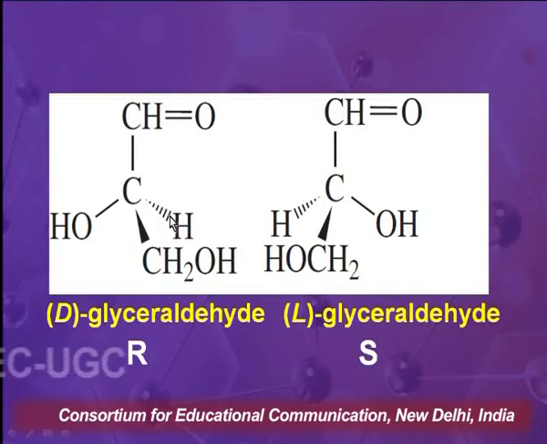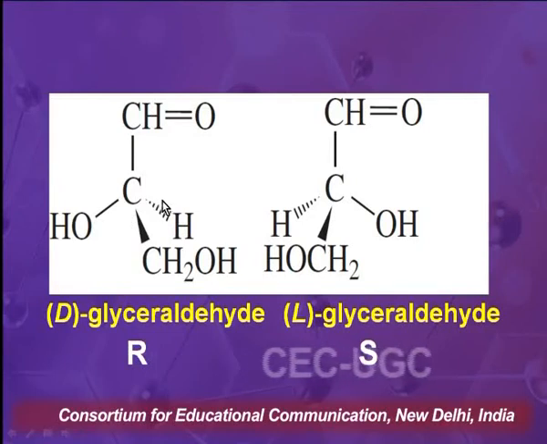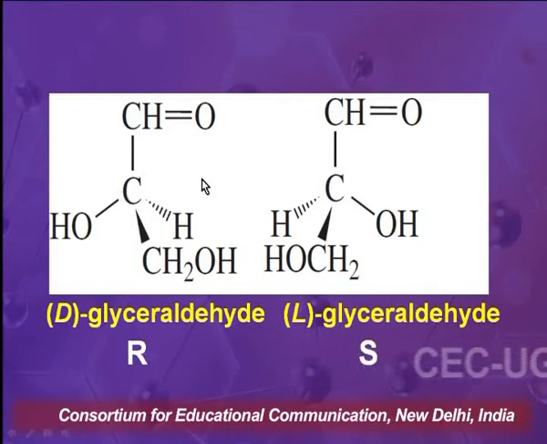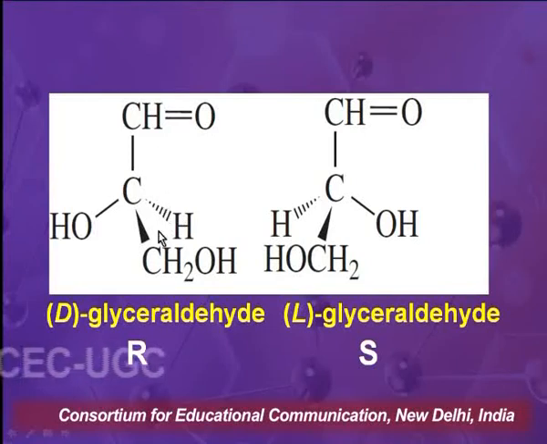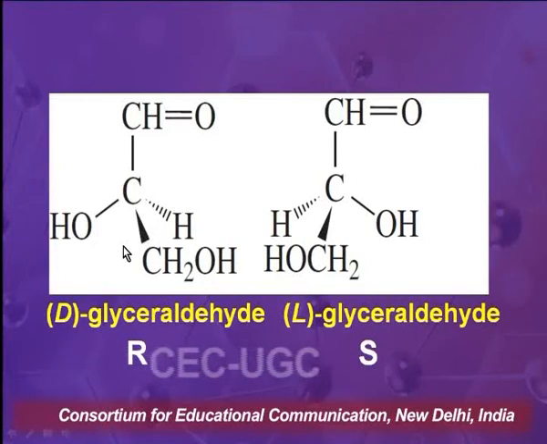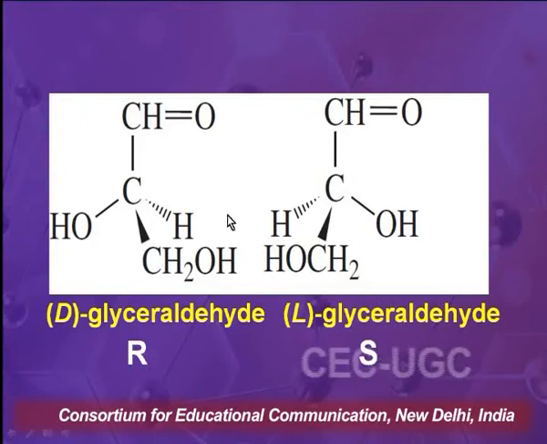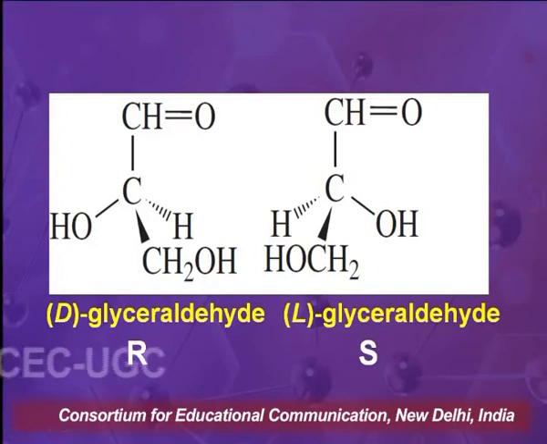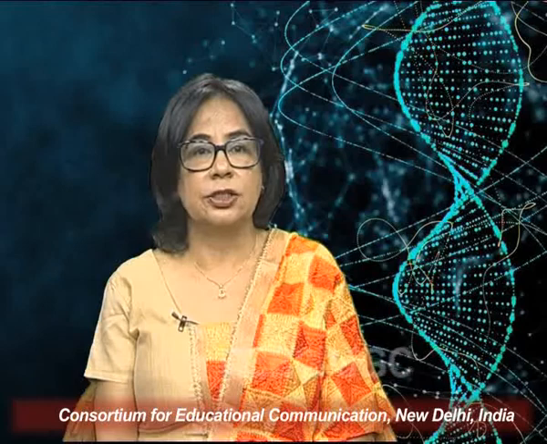Therefore, this molecule will be given configuration R. That is, we will not flip the molecule. If it was on a solid wedge, we would have flipped the configuration and said it is having configuration S. This I have just told you in brief, and I have already discussed it in great detail in my previous lectures.